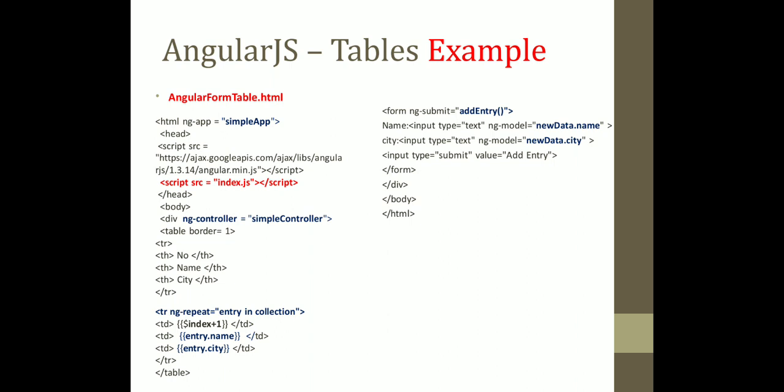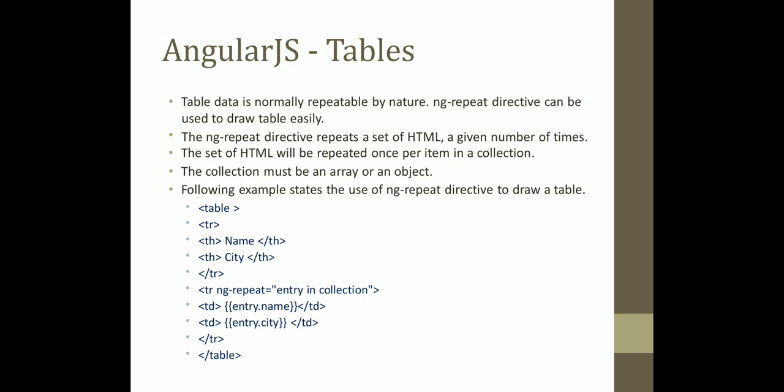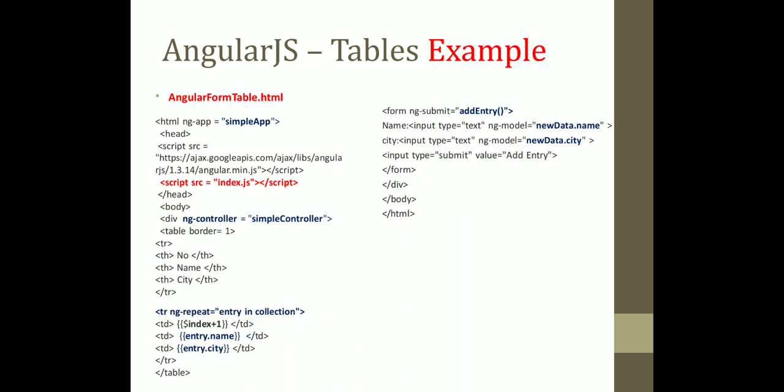Now we want to enter the table data, the name and city. The table border is given as 1, and the table row is holding number, name and city, so 3 columns.